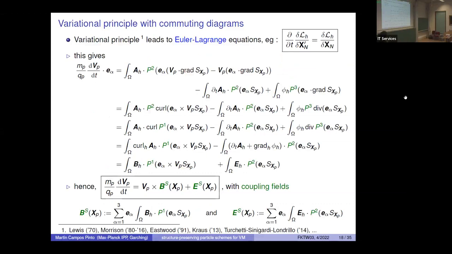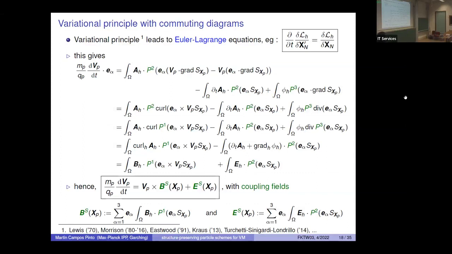For this part here, you have essentially the time derivative of the velocity against one direction, where E alpha is the unit vector in direction alpha. Then when you evaluate these functional derivatives, you have these expressions that involve these different terms and the coupling terms, so the projections.